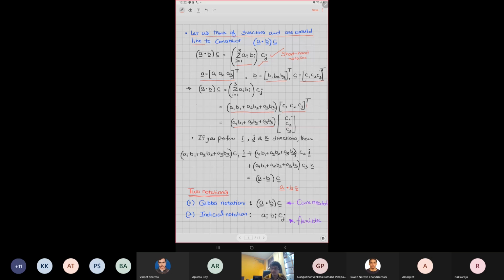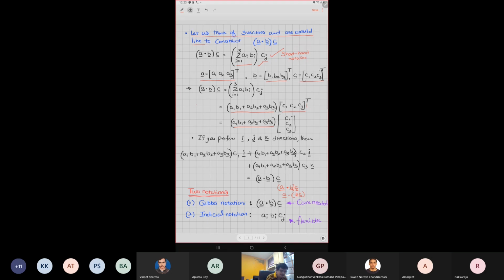If it is in terms of Gibbs notation, you have to be really careful to write it in that way. You cannot write A dotting with B, C. In terms of notation, one has to be very careful what they are trying to do. This is not permitted. So there will be many such rules.